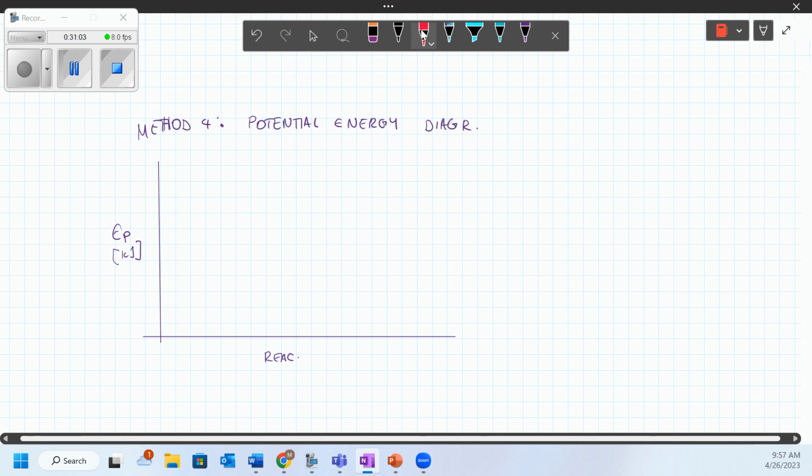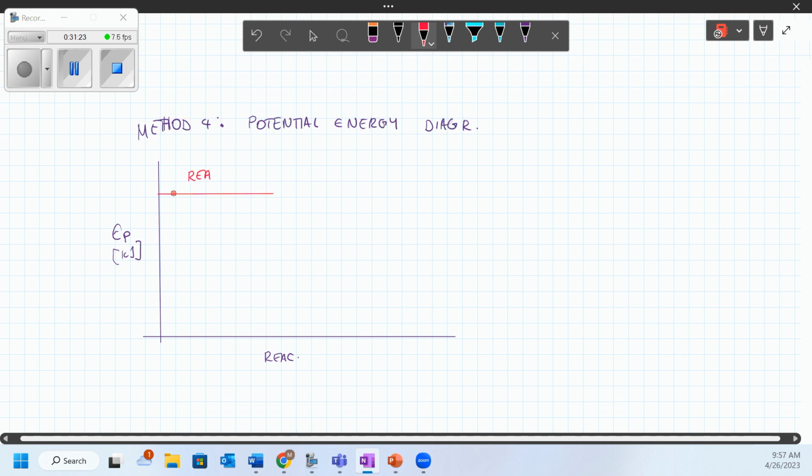Now, when we are dealing with an exothermic reaction, what does it mean? The energy of the system, of everything that is participating in the reaction, is dropped. So the graph will look something like this.